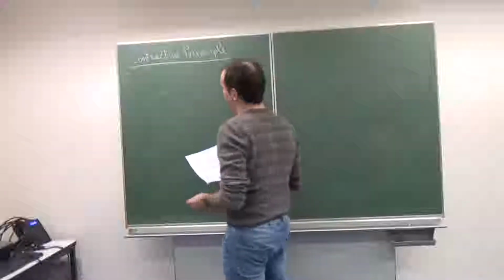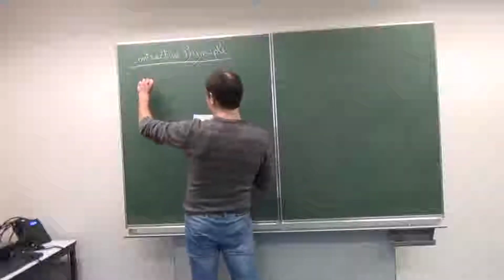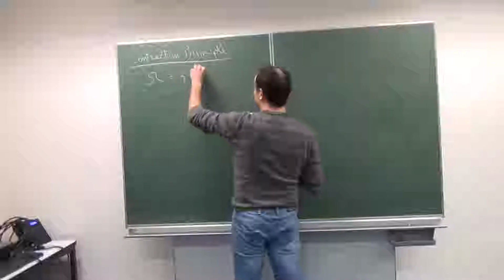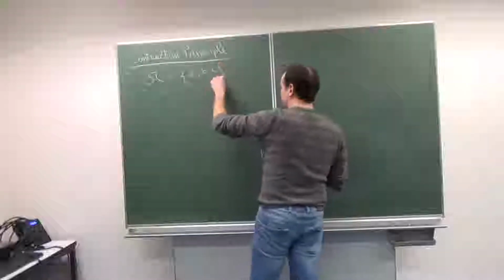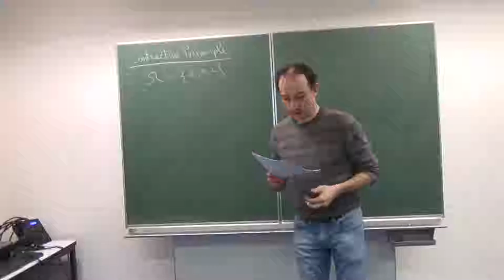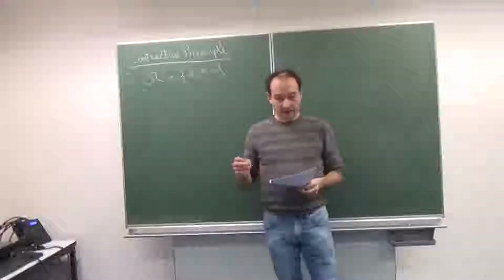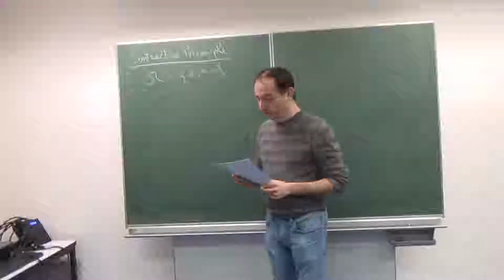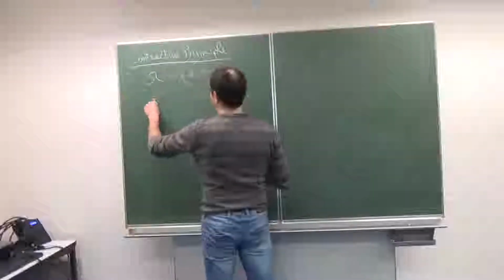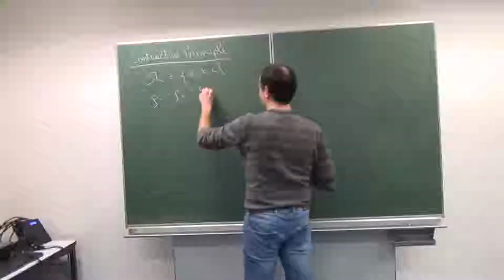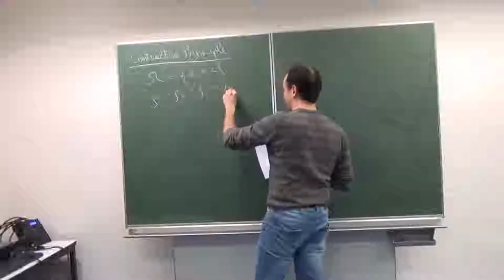So the example is we take an alphabet of 3 letters, A, B, and C, and we assume that we can sample the symbols independently of one another, with probability rho A equal to rho B equal to rho C equal to 1/3.